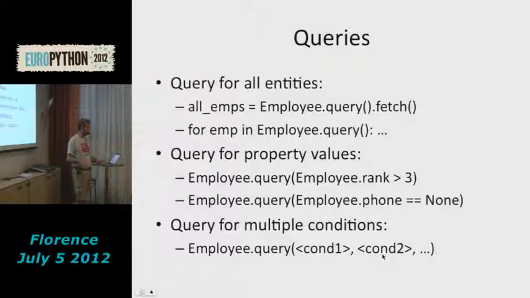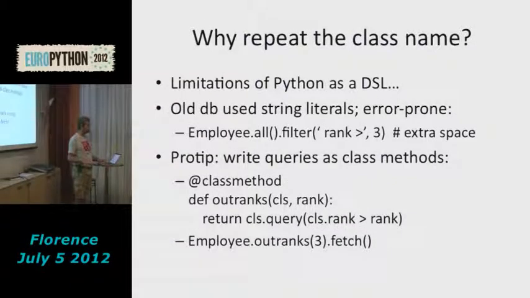There's also a way to overload OR, although you can't use the OR keyword for that, unfortunately. There are some limitations on what you can do with operator overloading and DSLs in general in Python. So the query syntax is somewhat not perfect, but by writing your queries as class methods, you can hide a lot of that complexity.